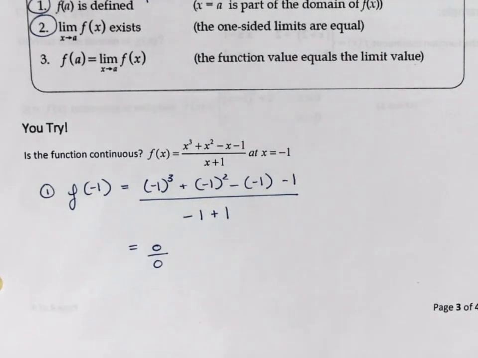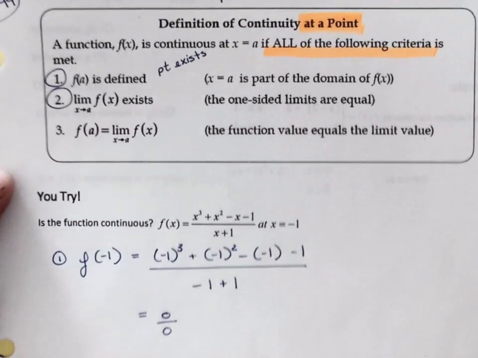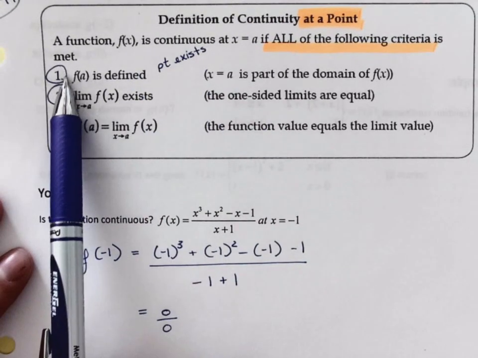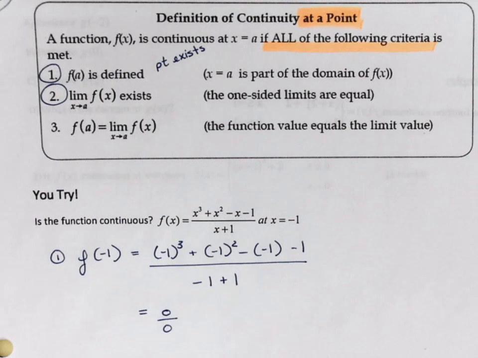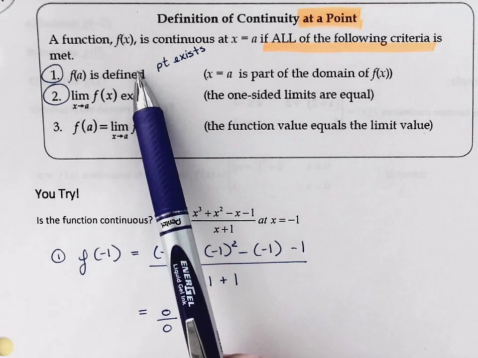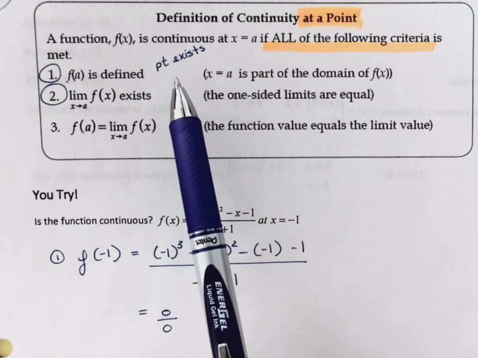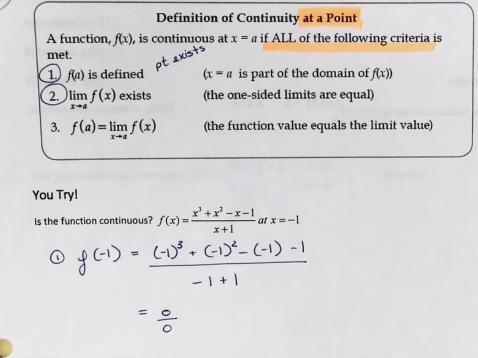We got an indeterminate. So is the function continuous at x equals -1? No, because what happened right away? I don't even have to go any further because the point doesn't exist. So we know right away that the graph will not be continuous. If we got an actual number here, then we'd have to move forward. Does that make sense to everybody? It's not continuous if the point doesn't exist.